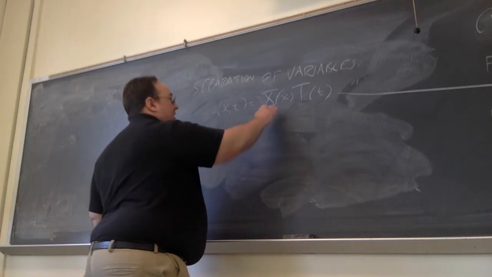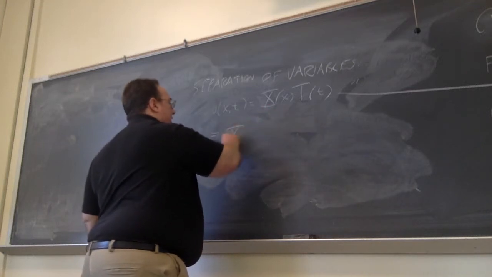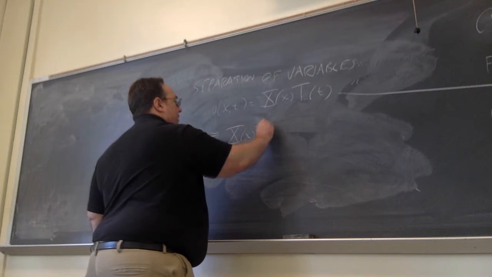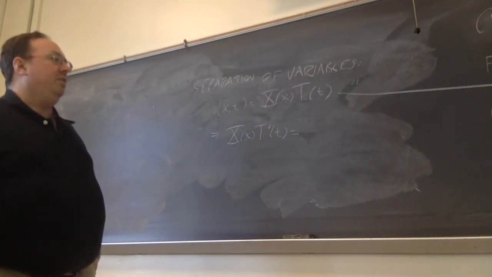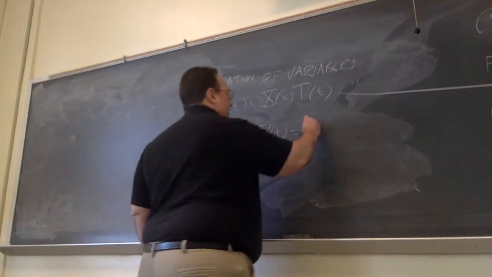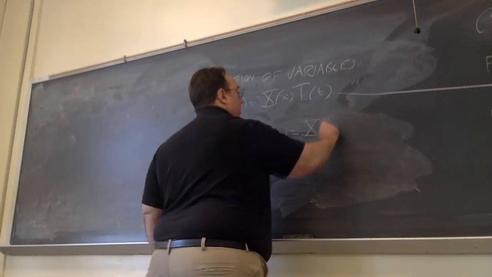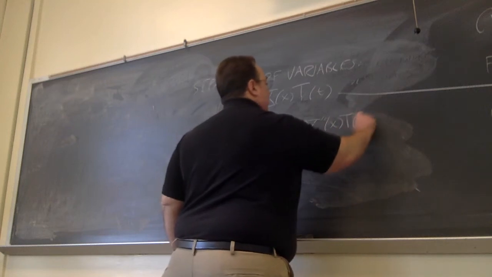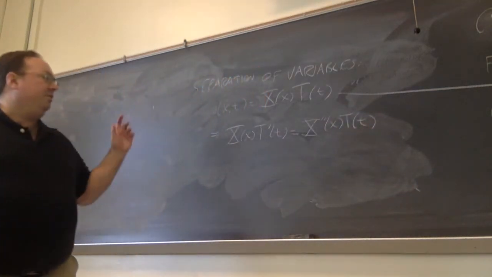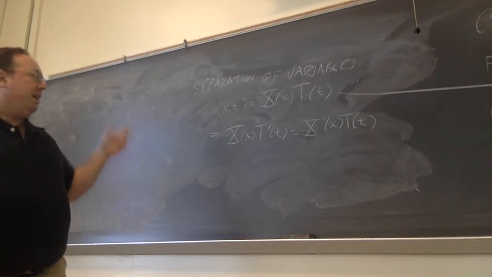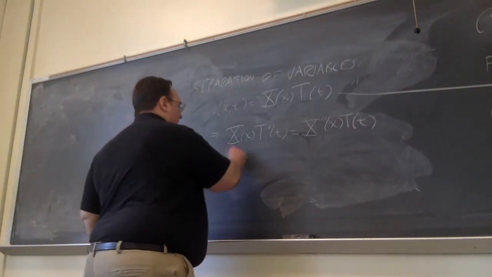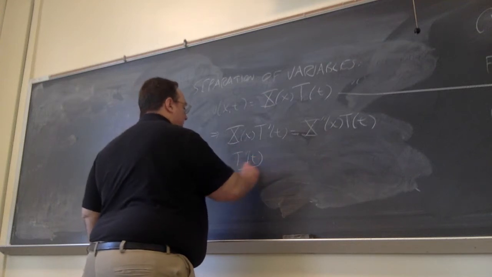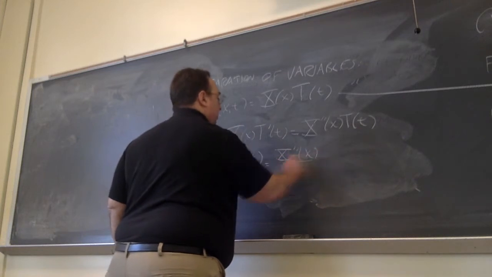So what you get is, take the derivative with respect to t, the X stays the same, and you only differentiate the T once. And then on the other side, you leave the T(t) alone and differentiate with respect to x twice: X double prime, T. And then I'm going to divide both sides by X(x) and T(t). So now you get T prime over T is equal to X double prime over X.